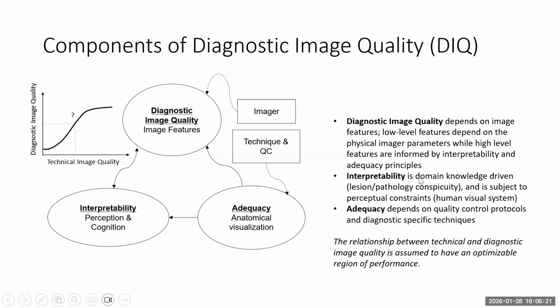And in general, you could strive to improve that visual quality, but there are limitations, as we know, depending on the image modality, the imaging time, and so on. And also, that objective is not just the visual quality per se, but the diagnostic objective. So you want to make sure that the image is adequate to visualize whatever anatomy and abnormality we're looking at, and that is informed by techniques and quality control protocols.